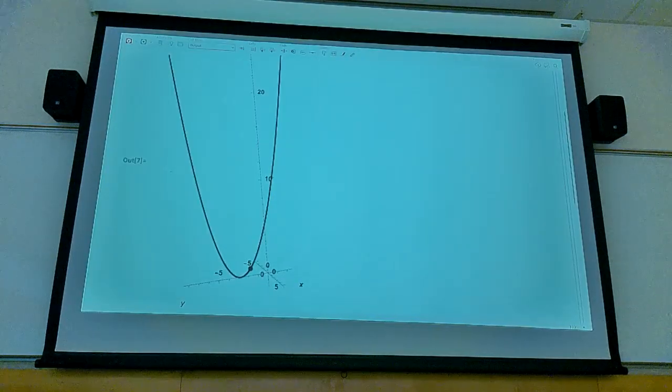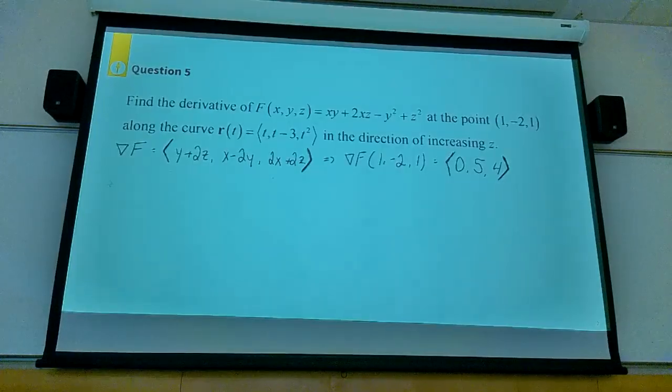Really what we're looking for is the unit tangent vector at that point. R prime of t. What was it? 0, -3, 2t.